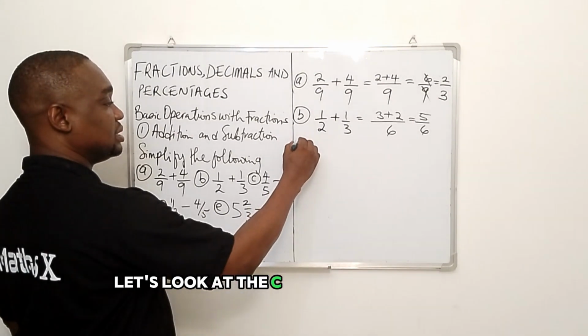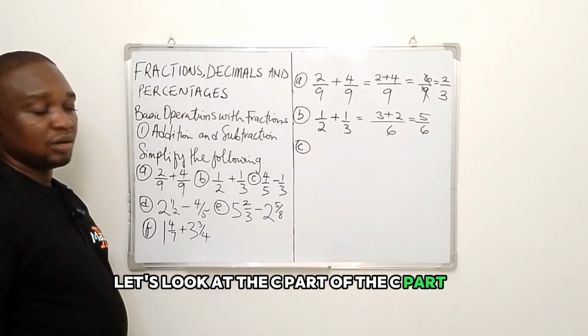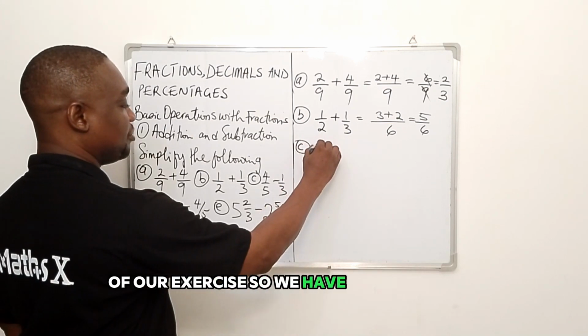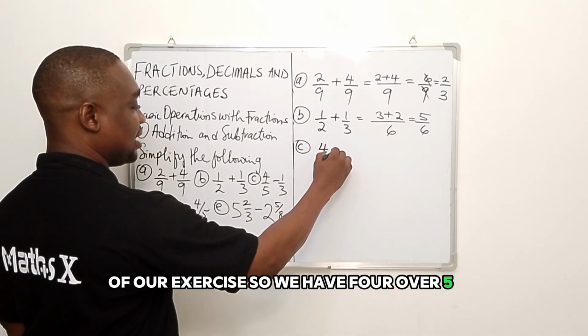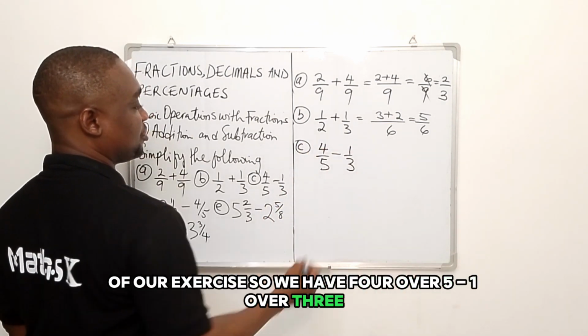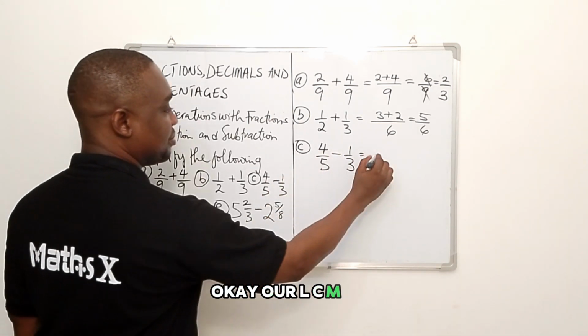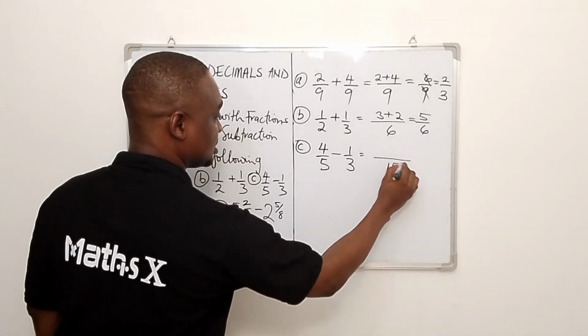Let's look at the C part of our exercise. So we have 4 over 5 minus 1 over 3. Okay, our LCM is 15.